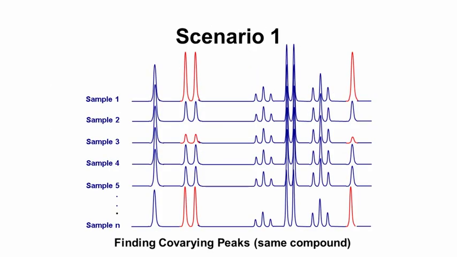In that first scenario, here's an example. We're looking at maybe 100 different spectra, and we might be looking at just one particular case or over different times. What's highlighted here is that the doublet on the left and the singlet on the right for sample 1 are very high. For sample 3, the doublet is very small and the singlet is very small. And at sample N, the doublet is high again and the singlet is high.